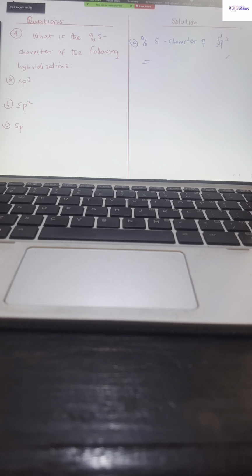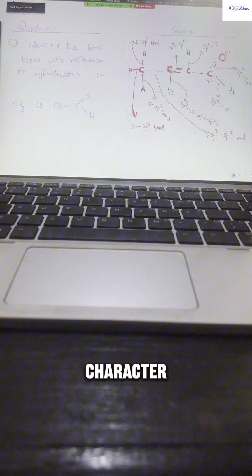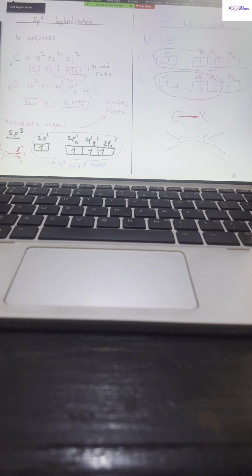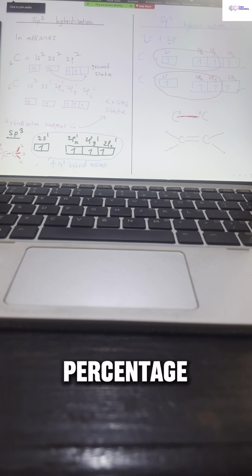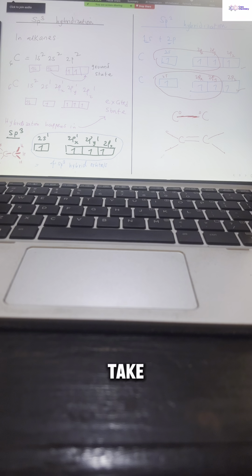Right, so the next question is on percentage s character of the sp3 hybridization. If you come back here, you see that this is sp3, right? It means you're mixing one s and three of the p's to get four sp3s. So if you're looking at the percentage s character, you take a fraction, s out of the sp3, then times 100%.